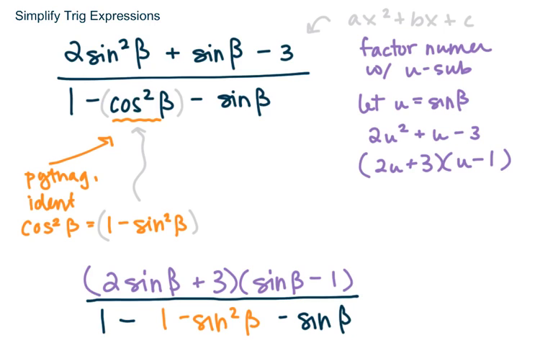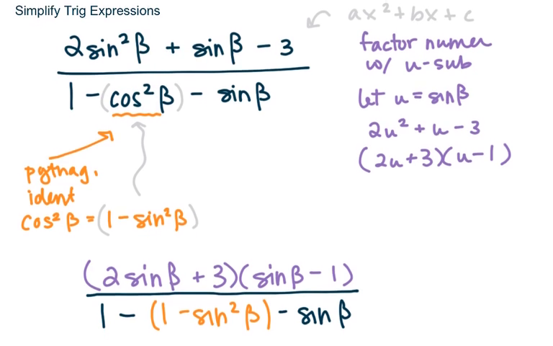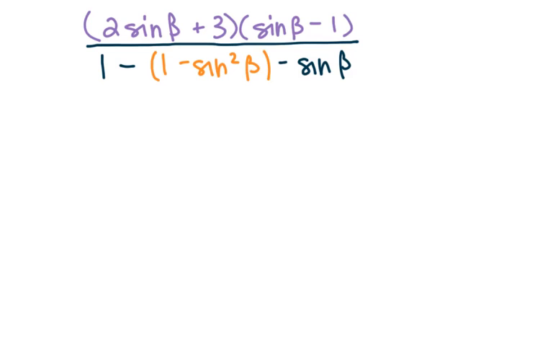Did I write everything I needed to write so that I would interpret this problem correctly? And I pause for a moment to remind you that I'm plugging this expression in for cosine squared beta. And there's a minus in front of cosine squared beta. So there's a minus in front of that whole expression. And what's that minus going to do? You're right, it's going to distribute.